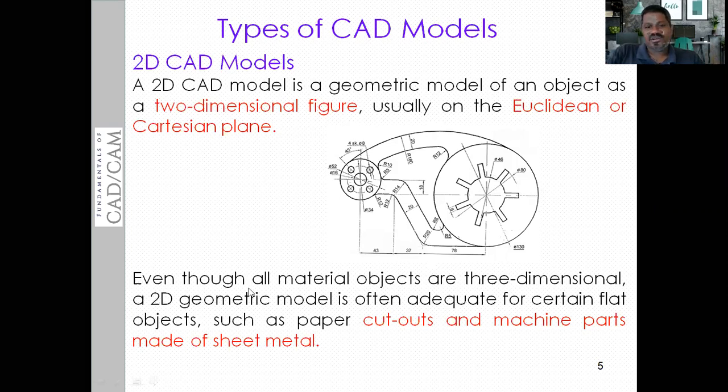When all the material objects are 3-dimensional, what is the importance of these two? You may get a doubt, why do we need 2D drawing? Because you have components like the sheet metal component. Sheet metal components don't have the third dimension, so in that case we require 2-dimensional drawings, such as paper cuts and machine parts made of sheet metal.